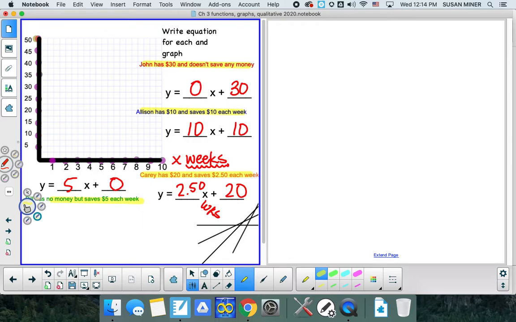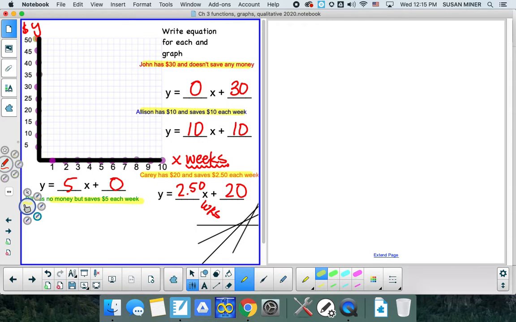Any amount of time, weeks, months, days, years, seconds, hours, any of those amounts of time, time is very, very independent, and x is our independent variable. And I don't have a lot of control over time going by. I can't make time go by faster or slower or differently. And so if I have any measurement of time, that's going to be graphed on my x-axis because my x represents my independent variable. And so that means that my y has to be total dollars that I've saved. So y is going to be my total number of dollars.